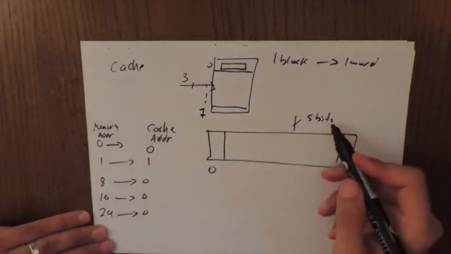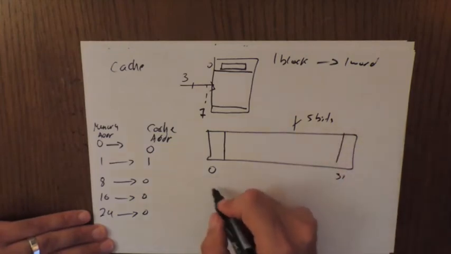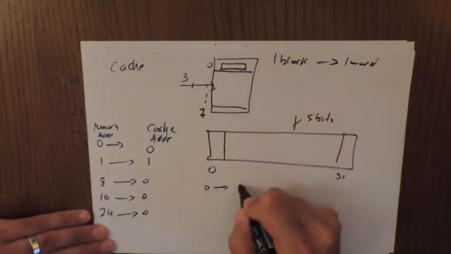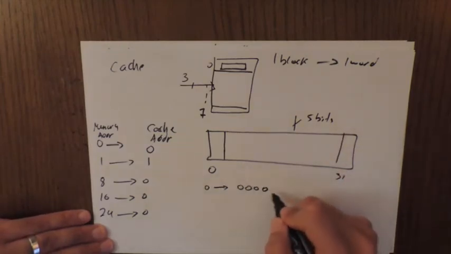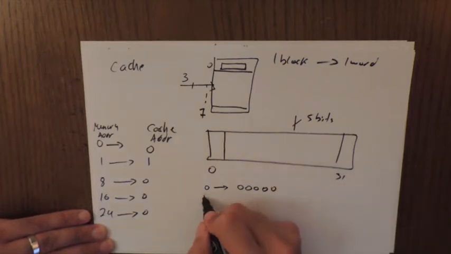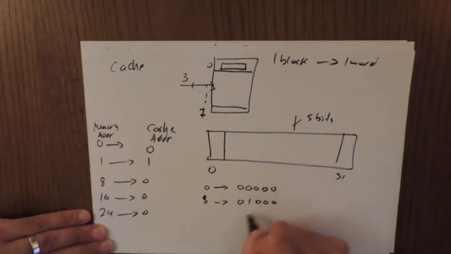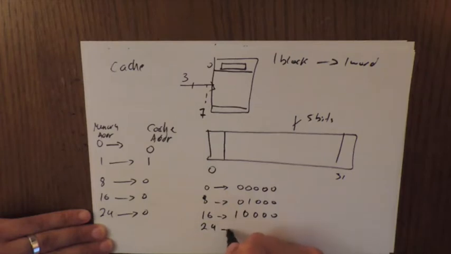So I take a look at the 5 bits of the memory addresses. So 0 will be, okay, 8 will be, 16 will be, 24 will be.